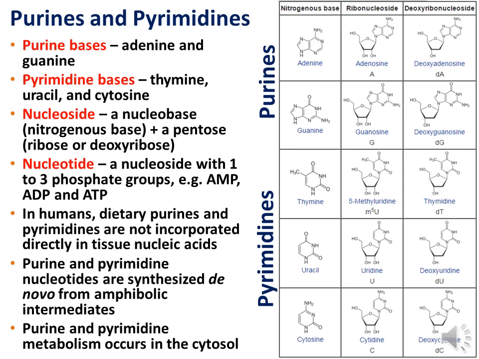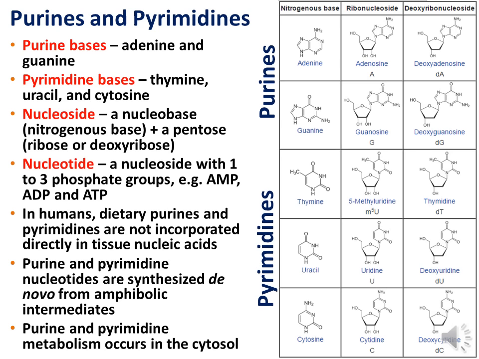Okay, so what are purines and pyrimidines? The purine bases are adenine and guanine, and the pyrimidine bases are thymine, uracil, and cytosine. A nucleoside is a purine or pyrimidine base that is attached to ribose or deoxyribose. So an example of a purine nucleoside is adenosine, and an example of a pyrimidine nucleoside is uridine.